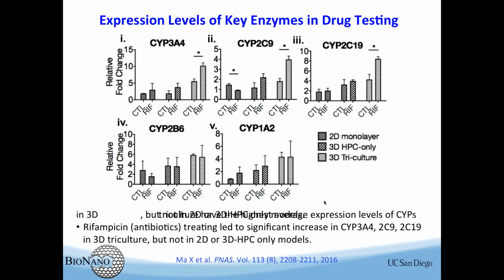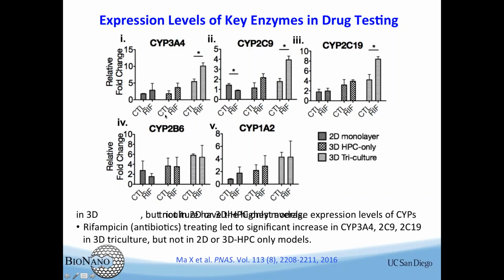So we quickly jump to something wrong with my screen here. Jump to this very simple testing, because the best thing about this in vitro iPSC-derived model is to do drug testing. So we just pick one, say an antibiotic, and you can see this treatment can lead to a significant increase in these enzymes: CYP3A4, CYP2C9, and 2C19, for our specific triculture models.